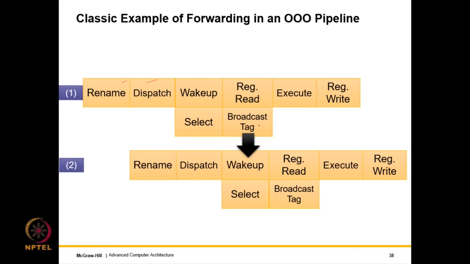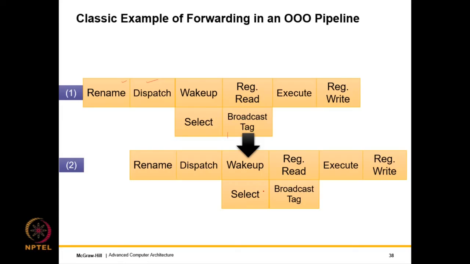We are of course making a bold assumption, but this needs to be made at least in this simplistic setting, that we broadcast at the beginning of a cycle, and in the same cycle the consumer instruction wakes up, and if no other instruction is being selected, it gets selected. So the select is again a best case select.